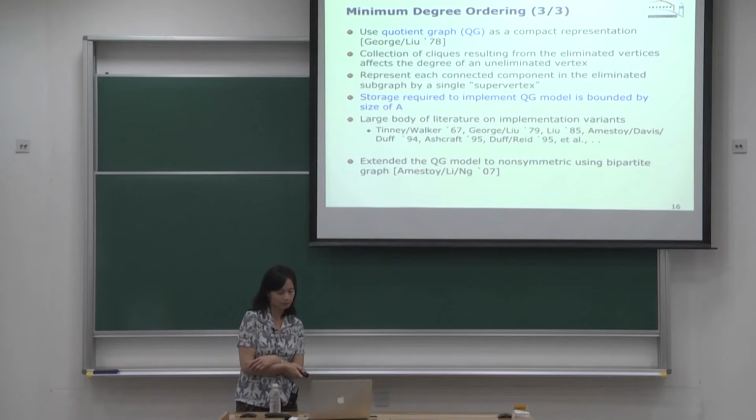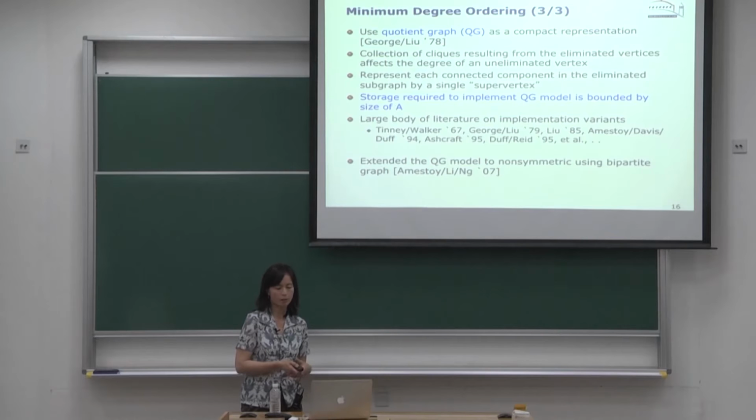And then, for each of these connected components, this eliminated subgraph, they use a single supervertex. As long as all the vertices within this big supervertex are indistinguishable from each other, you can use it as a single unit.